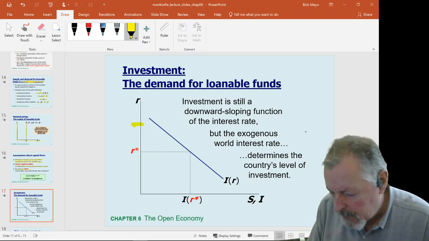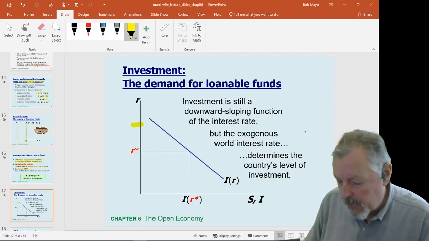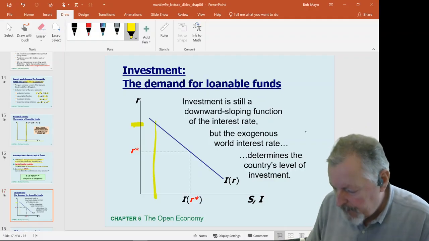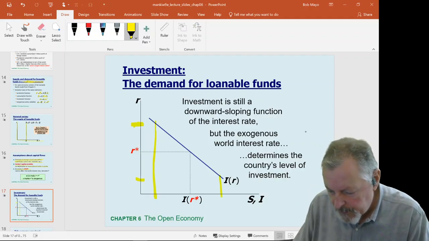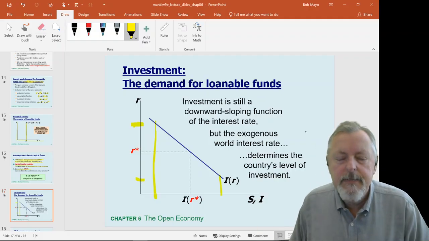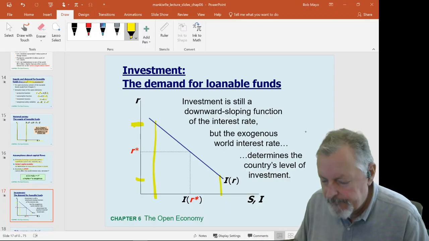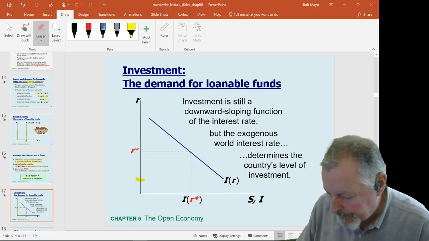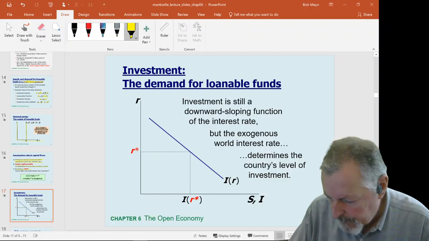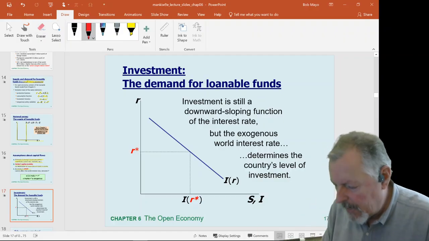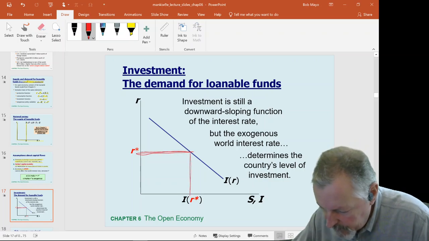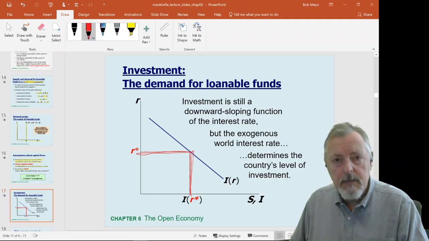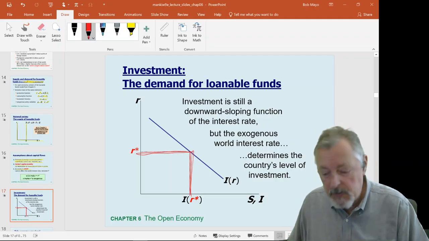If the interest rate is very high, people won't want to invest a lot. It costs too much. Low interest rate, it's a demand graph. Very simple. And therefore, we have an equilibrium. This is the interest rate. This is therefore the quantity of investment, quantity of loanable funds demanded.